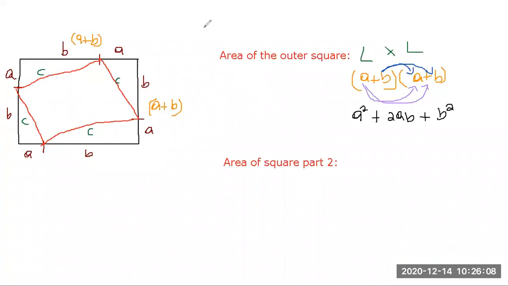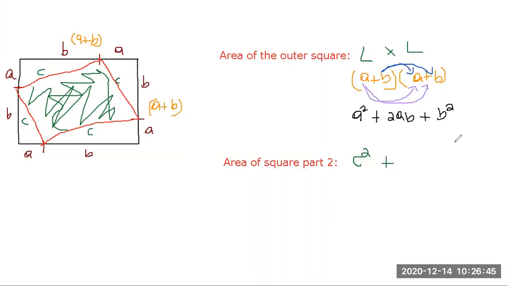So the area of the small square is c squared, because it's c times c. Now I have to find the area of these triangles.